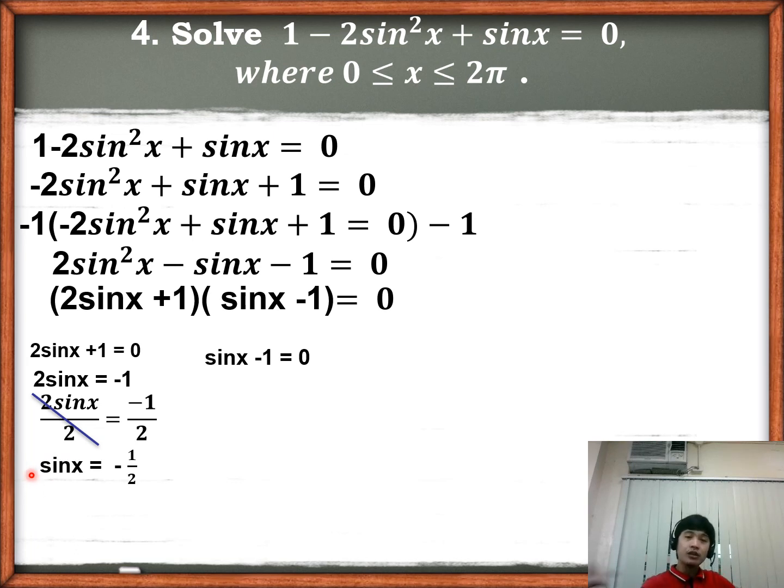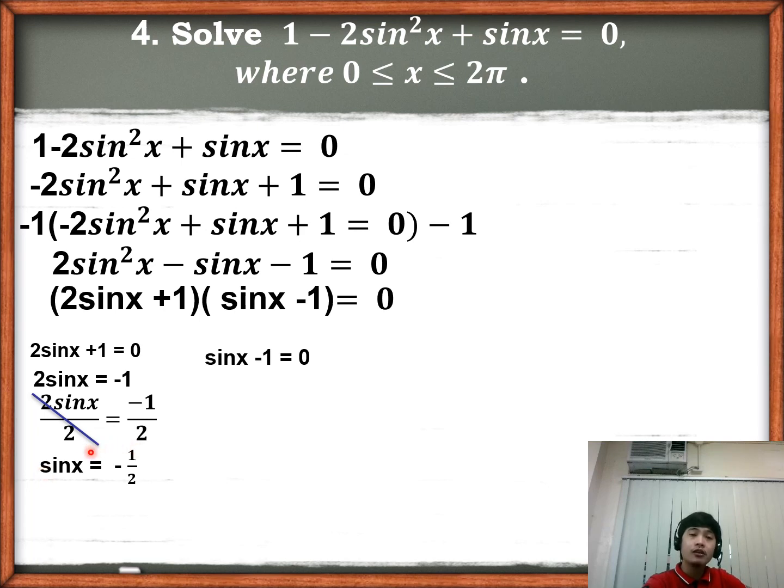Just like what we did in the earlier examples, we need to think of angles that, when related to sine, will give a value of negative 1 half. First, we need to think of a quadrant where sine is negative. We know sine is positive only in quadrant 1 and quadrant 2, so in quadrant 3 and quadrant 4, sine is negative.